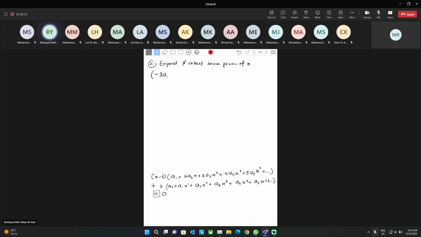Because I want to use this, this will be a constant. I want to put this in front. Otherwise, you can also write A1X first. Doesn't matter. Because I want to use my constant early of the equation here.